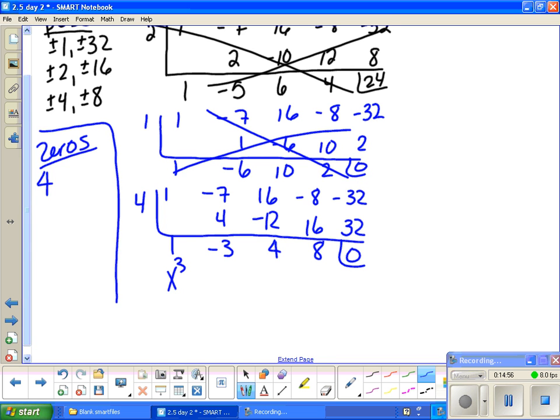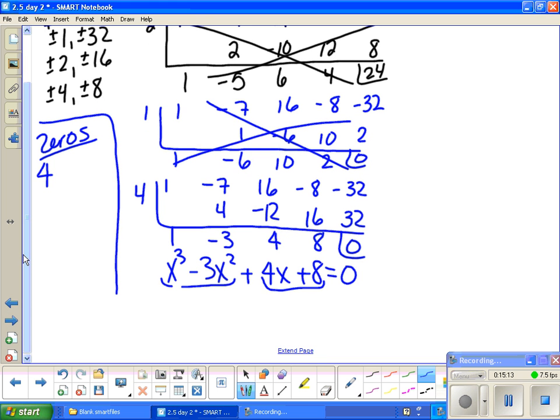Now I come down and I look at, what do I have left? X cubed minus 3x squared plus 4x plus 8 equals 0. I look at this, out of this, I can factor an x squared. Out of this, I can factor a 4, but it won't help me. So I can't factor what's left by grouping, so I'm going to have to do another guess and check on that. All right, so I tried all the positives.